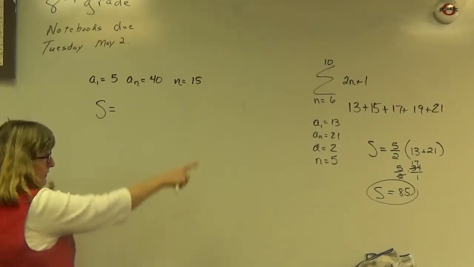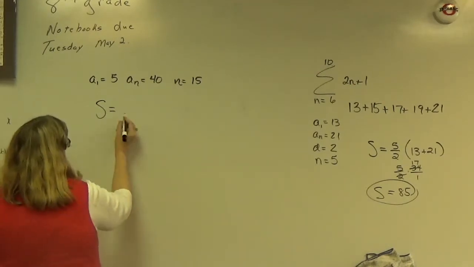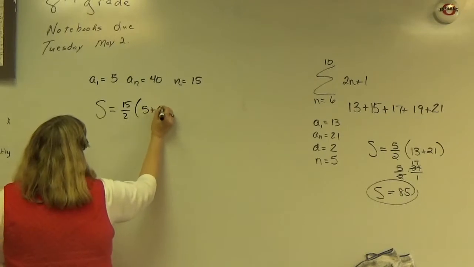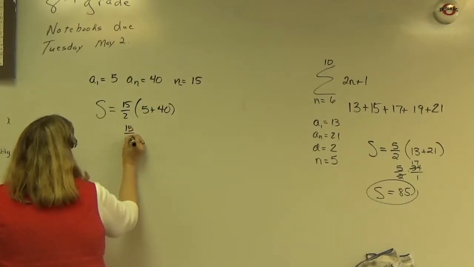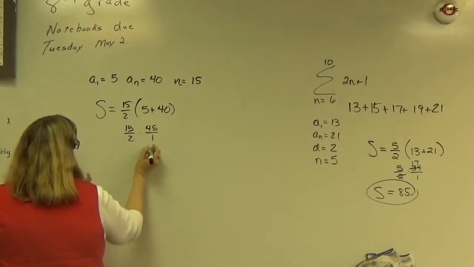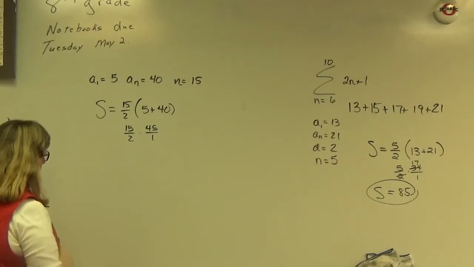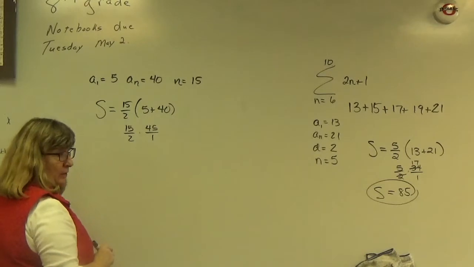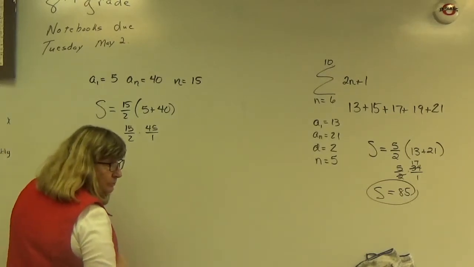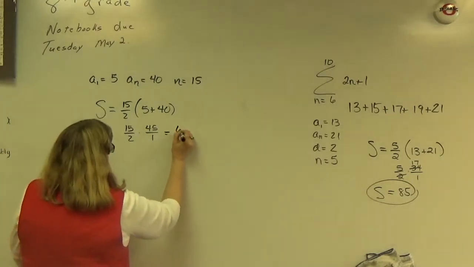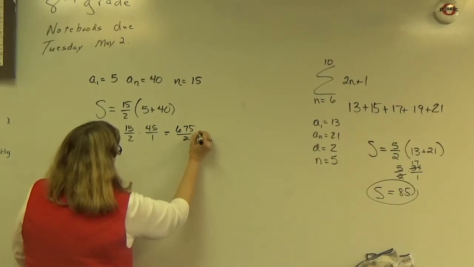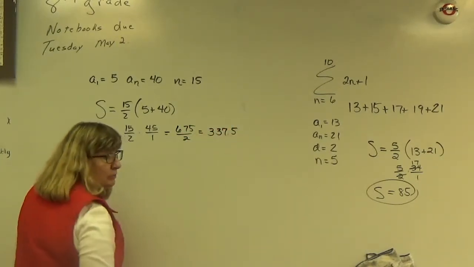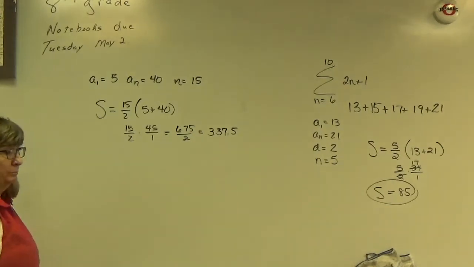Some do not, like the sigma wouldn't require both formulas, but this would be what, 15 over 2 and 5 plus 40? And that doesn't cancel, so I end up with what, 15 times 45, whatever that is, 60 somebody? over 2. What was it? Oh, never mind. 675 over 2. And then what's 675 divided by 2? 337 and a half. And that would be our sum.